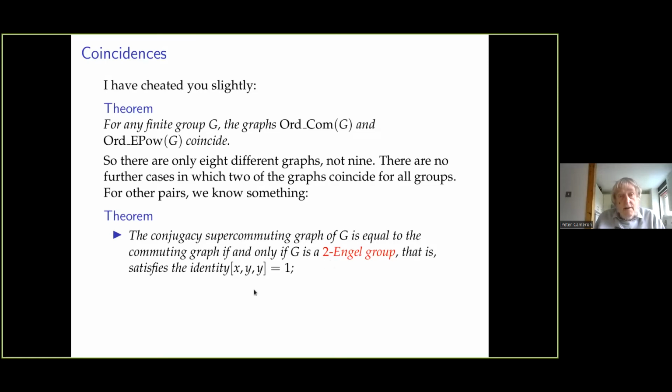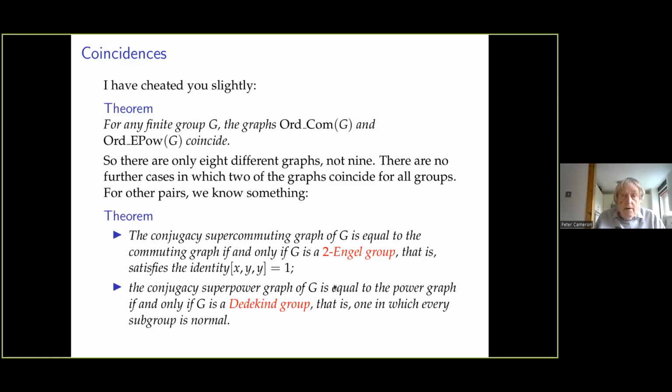That is, it satisfies the commutator identity [x,y,y] = 1, where this repeated commutator means you take the commutator of x and y, and then you take the commutator of that with y. So the groups that come up are precisely the 2-Engel groups, which are a class that have had some amount of investigation.